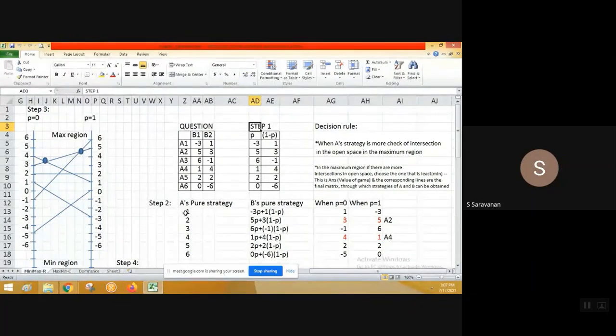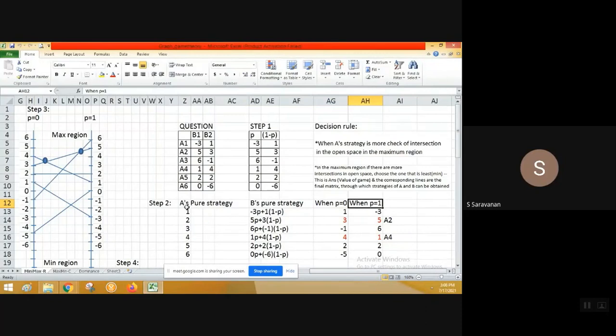Step 2. You are having 4 columns: A's pure strategy, B's pure strategy, when P equals 0, and when P equals 1. So we have 4 columns and 7 rows.